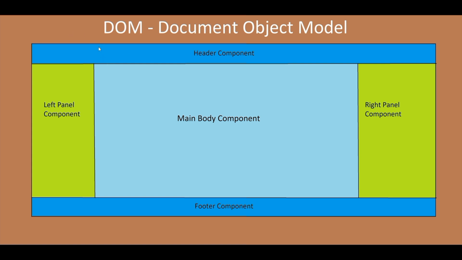Next time when you click on contact us, the left panel, right panel, and the body will be loaded. The footer more or less always looks the same, so we will not load the header and footer data. We will only render these particular things, and it is internally loaded into your DOM sections.